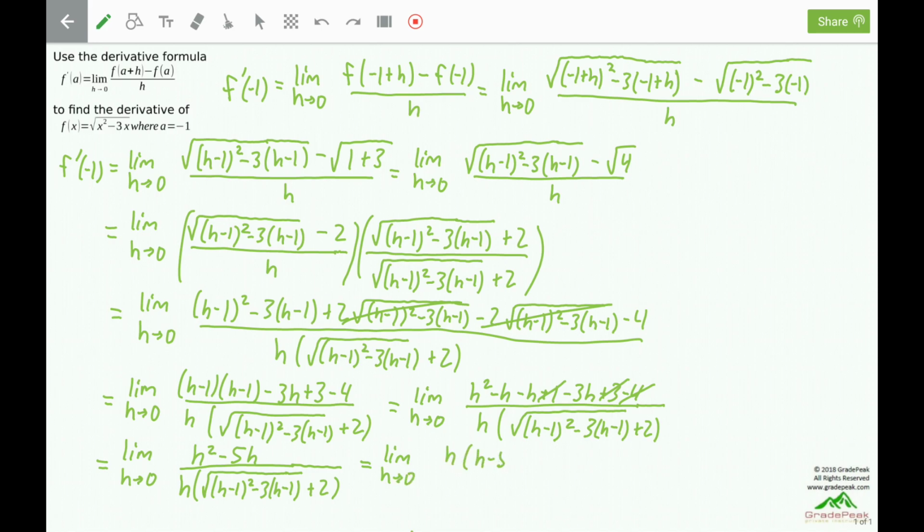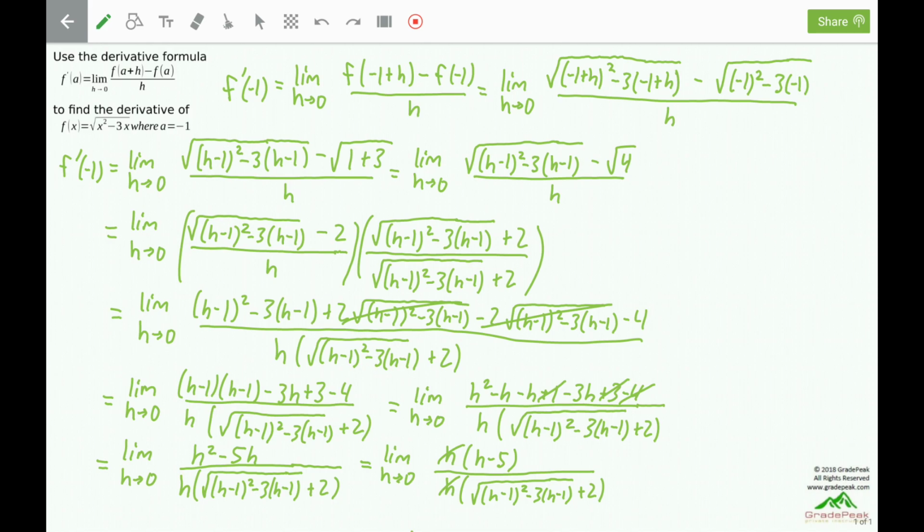So it'll be h times h minus 5, and the denominator will leave the way it is. And these h's can cancel.